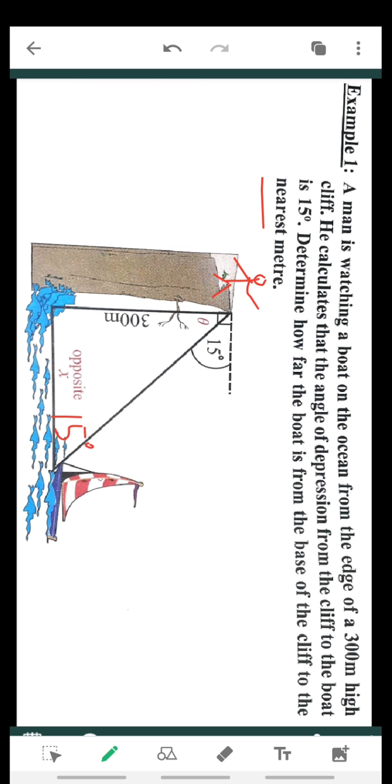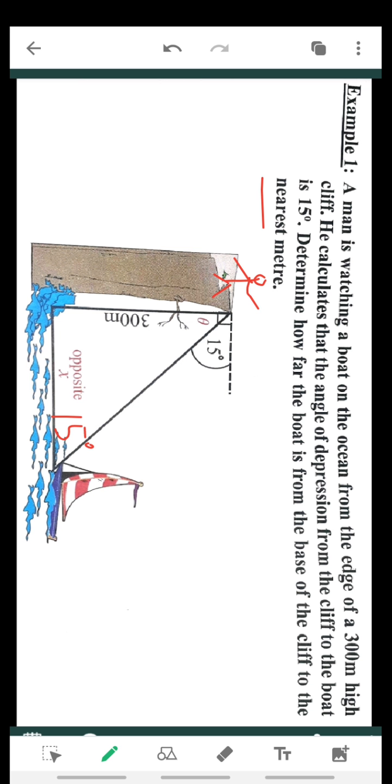Remember, in the previous video, part 1, we have spoken about what we call trig ratios, and we said these are relationships between the sides and angles of a right angle triangle. So 15 degrees in this case is opposite the 300 meters and is adjacent the unknown variable x, which is what we are looking for, the distance between the base of the cliff and the boat.